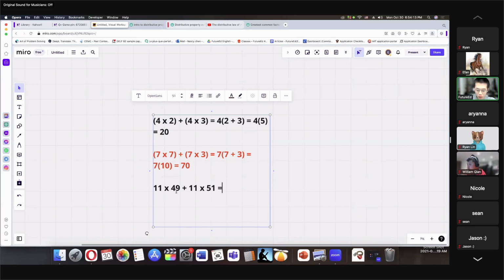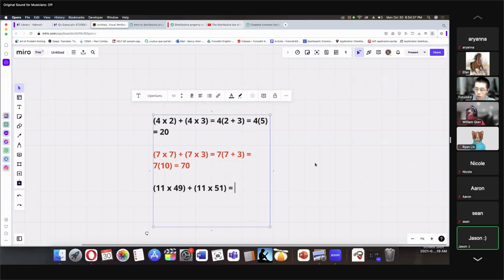Okay, let's try this really hard one. Jason, can you try factoring out a number in this giant expression here? So what's the common number in both of these expressions? Jason? Or Ryan, since... Oh, yes, Jason?